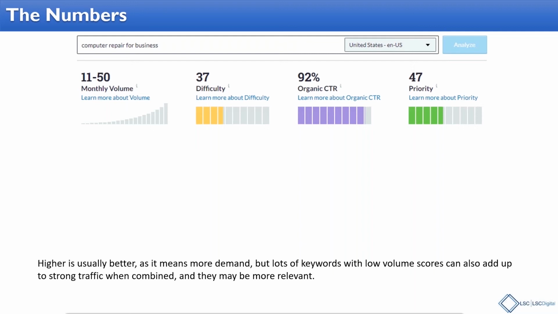It's great getting 1,000 visitors for a term, but if only 2 of them turn into somebody that gives you a call, versus you might only get 20 visitors but 4 people call you, which one would you really want to rank for at the end of the day? So I do like to caution, generally higher volume is better, but if it's a highly relevant term and they're more qualified visitors, that's good too.